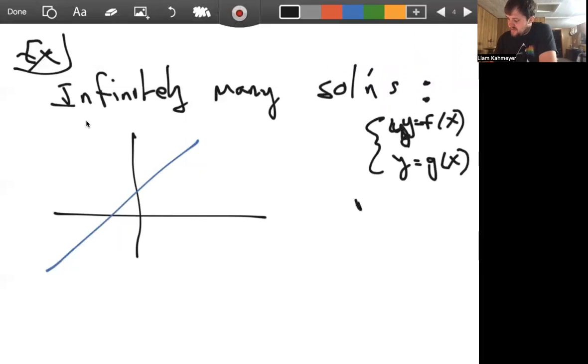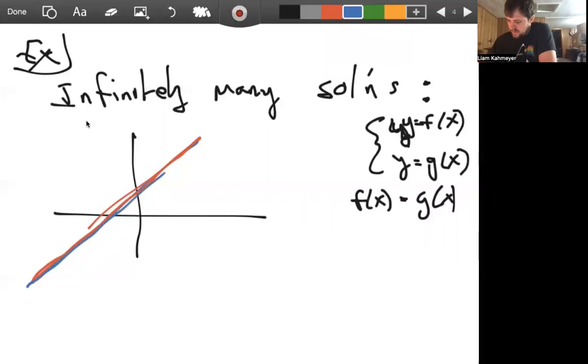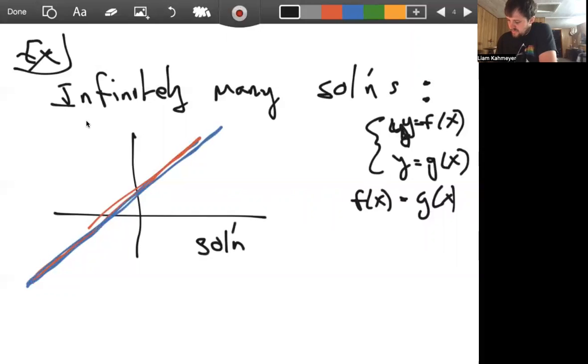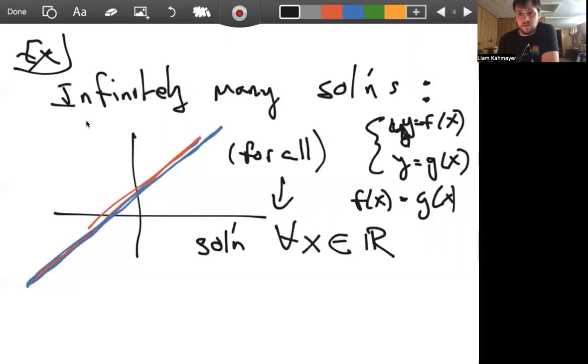If f of x and g of x were the same thing, then these lines overlap. And so you would have a solution for all x. This upside down A is for all. You would have a solution for all x in the real numbers.